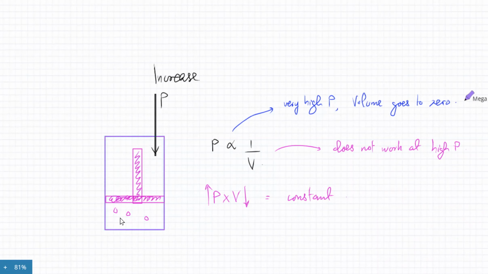So let's say I compress it a bit more, and the particles get closer to each other. I actually have very few particles here. I compress it a bit more. I increase the pressure.